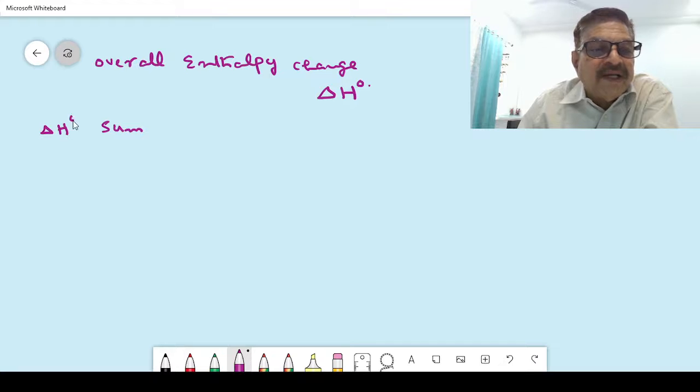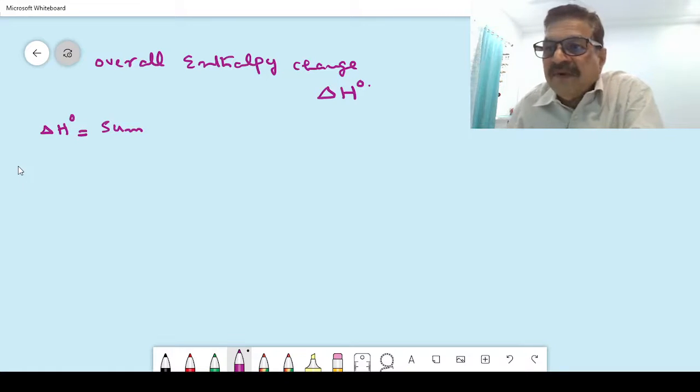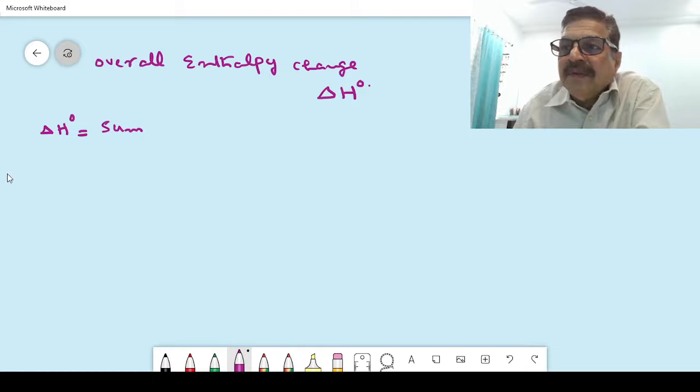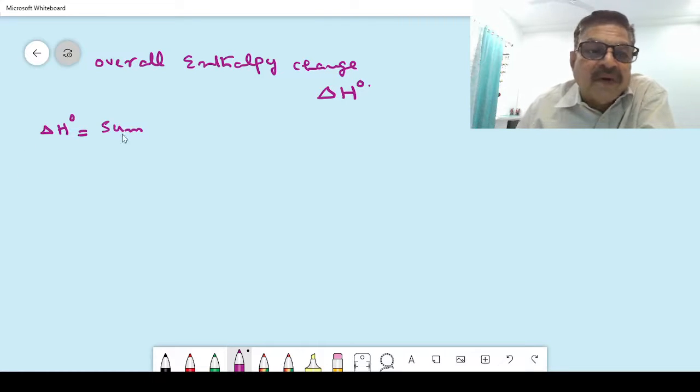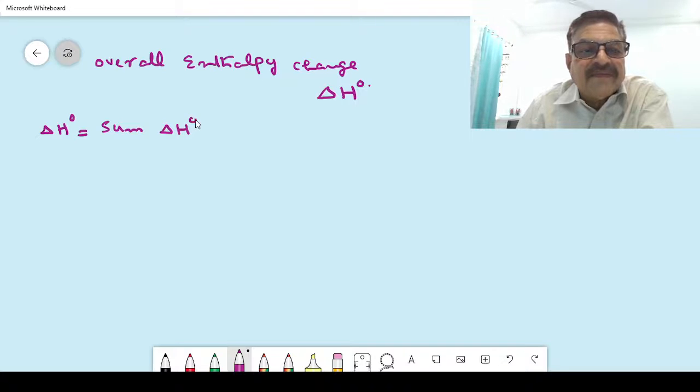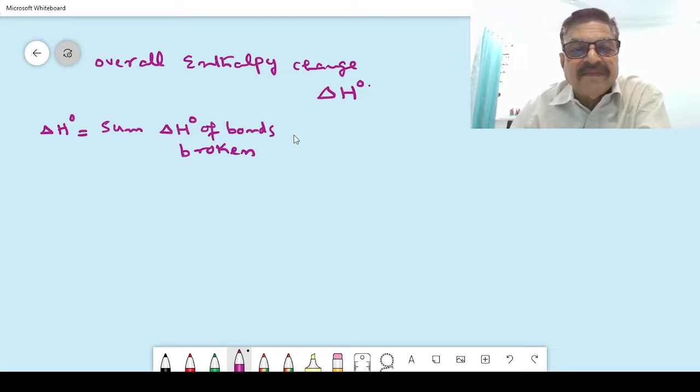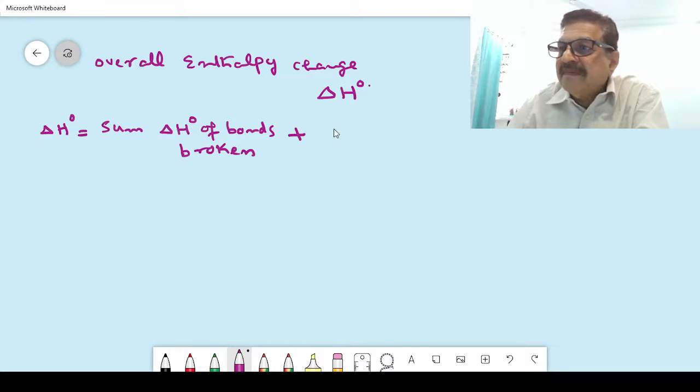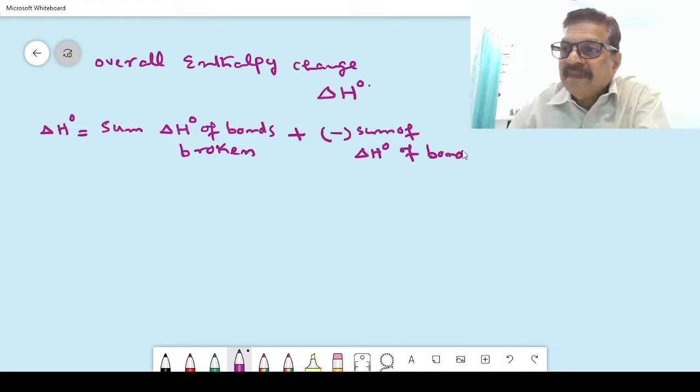Therefore, delta H, the overall enthalpy change, will be the sum of delta H of the bonds broken, plus, with a negative sign because energy is released, the sum of delta H of the bonds formed.